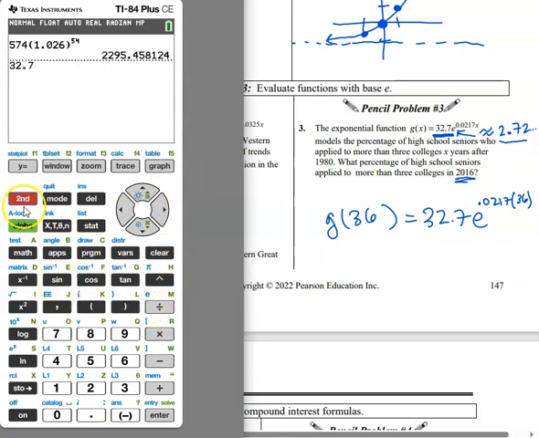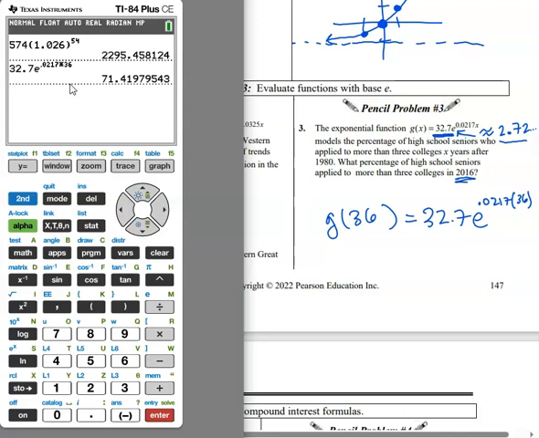In the case of my calculator, I've got this e button. There's actually 2 different e's. This e would just give us the number e. This e over here, where I go second ln, gives us e to the x, so it's already going to come equipped with an exponent right here. I want to go 0.0217 times 36 like this. I don't need any extra parentheses, and go.